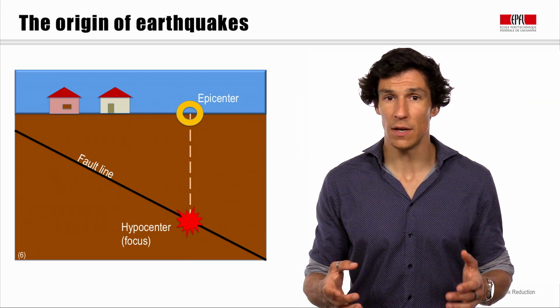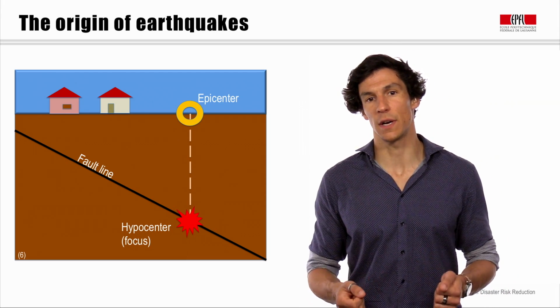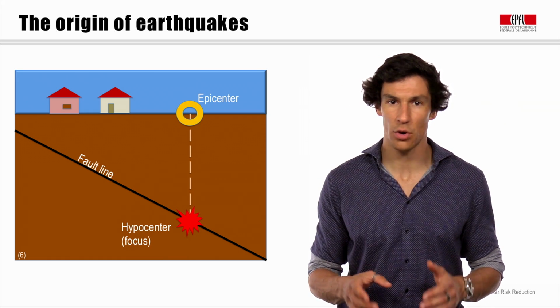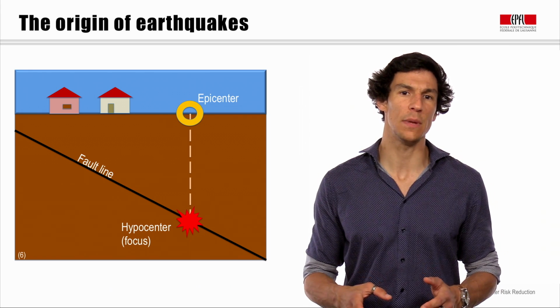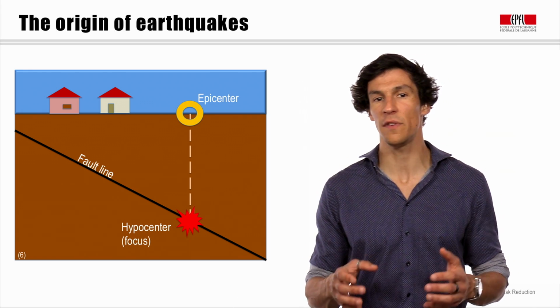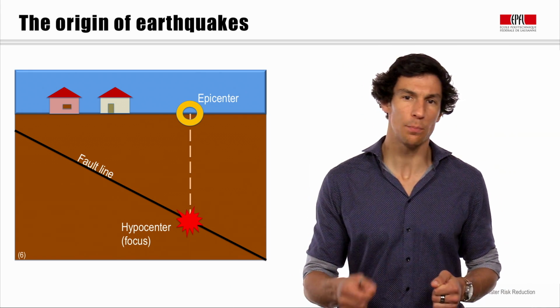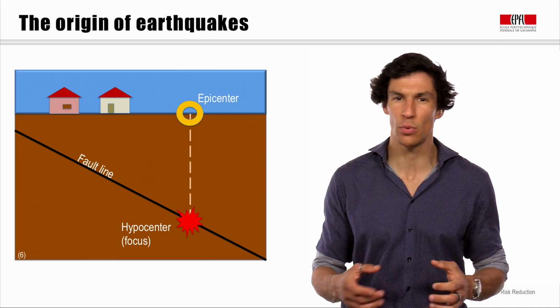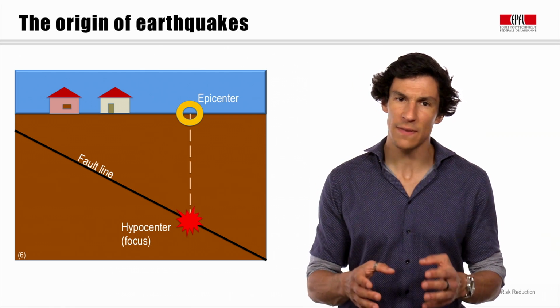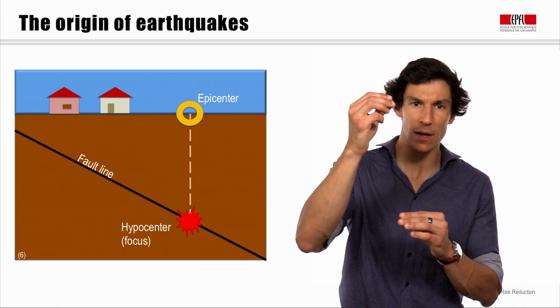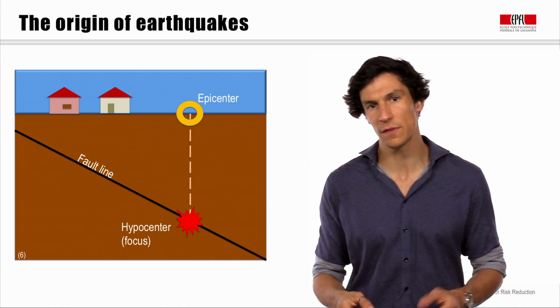The point within the Earth where an earthquake rupture starts is called hypocenter or focus. If its depth is up to 60 kilometers, we say that it is a superficial earthquake, while deep ones have hypocenters between 300 to 700 kilometers. The epicenter is the point directly above the hypocenter at the surface of the Earth.